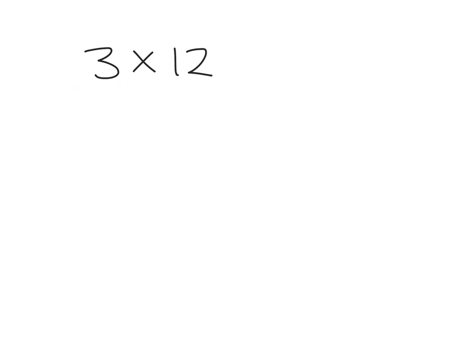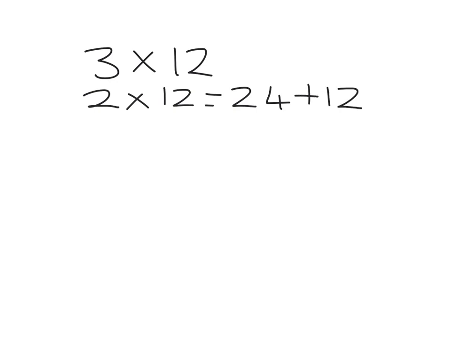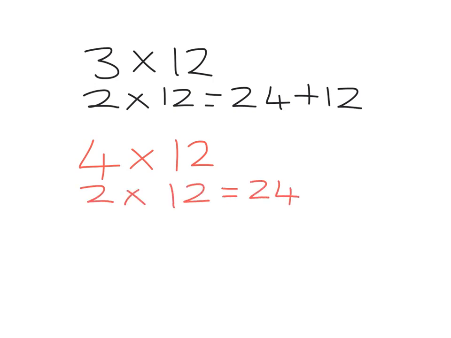So to recap, I can work out my 3 times tables using my 2 times tables by making questions like 3 times 12 into 2 times 12 plus one more group of 12. And I can use my 2 times tables to work out the 4 times tables by just working out what 2 times the number equals, and then doubling that to get 4 times the number.